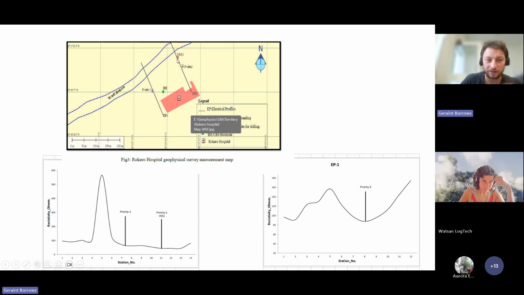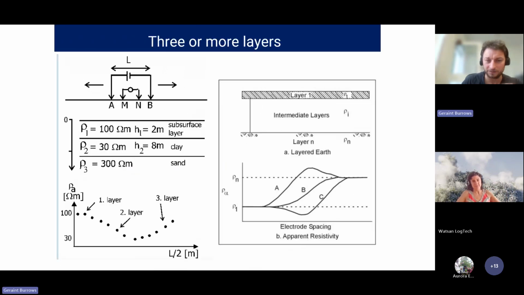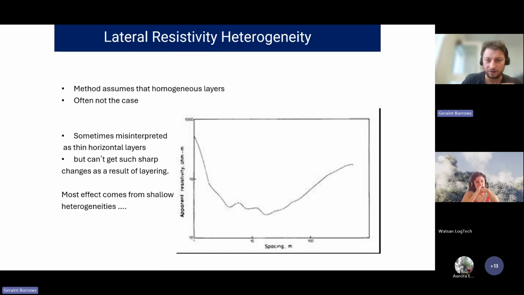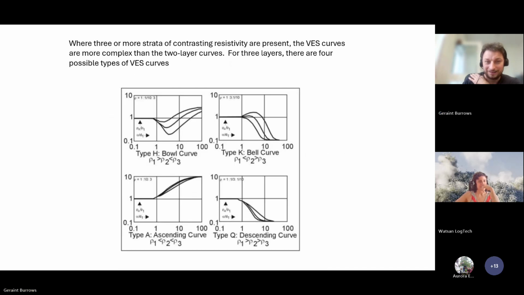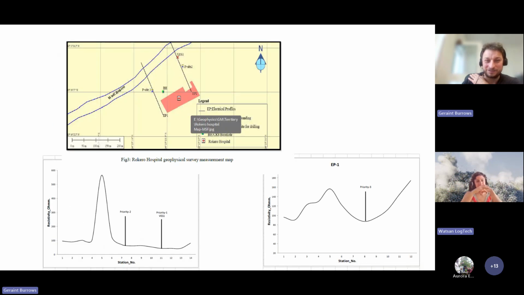The central point was exactly the same, but the curve they got is very different because the geology laterally changed a lot.